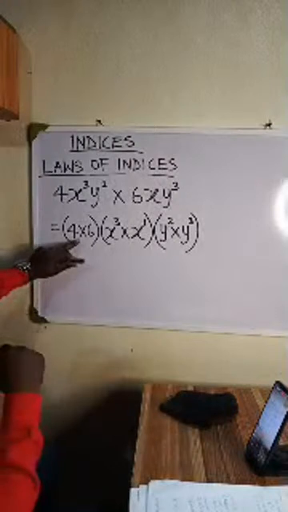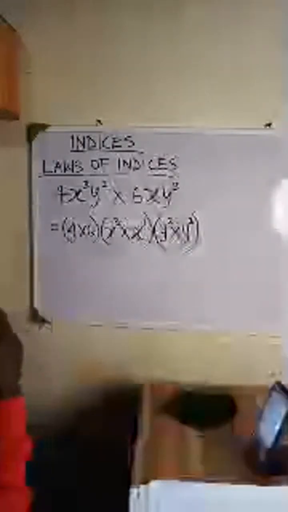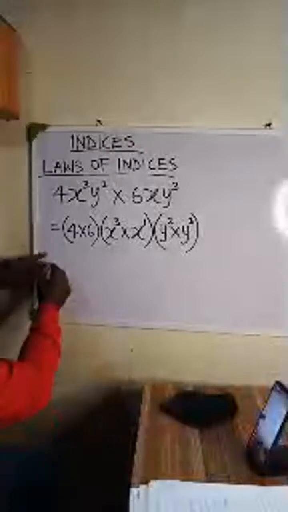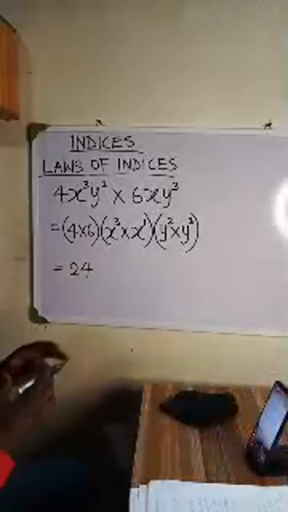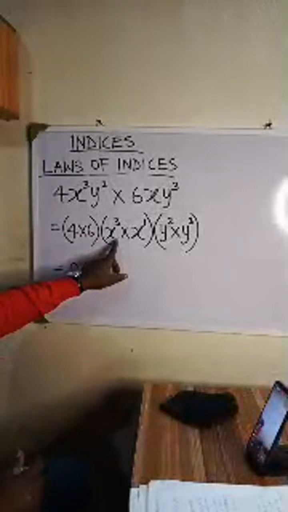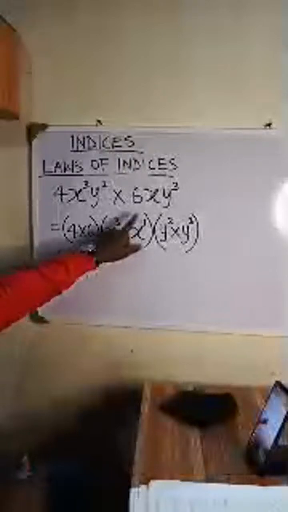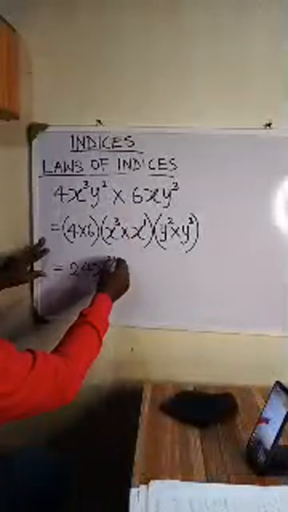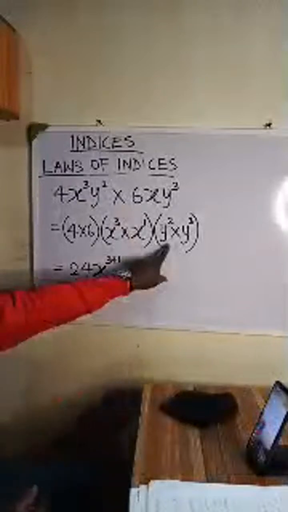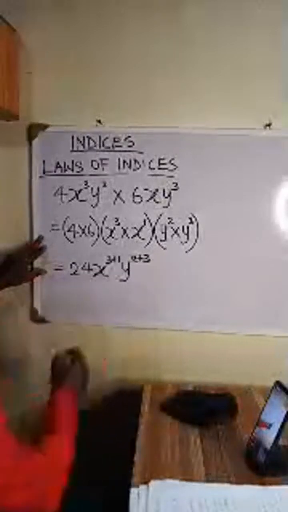So with this, we can multiply the numbers. 4 times 6 gives you 24. Then you look at x. Here, the bases are the same, so you add the power. So you have x to the power of 3 plus 1. And then you go to y, the bases are also the same, so you have y to the power of 2 plus 3.